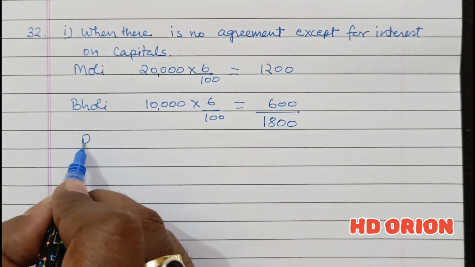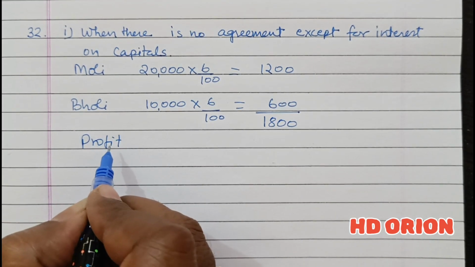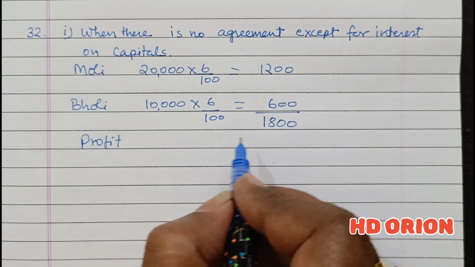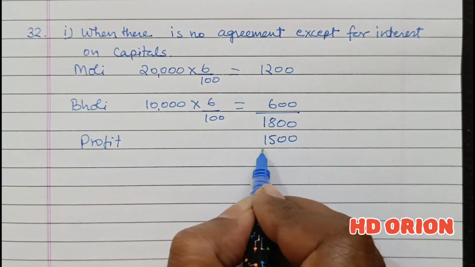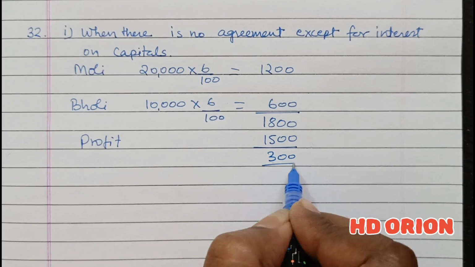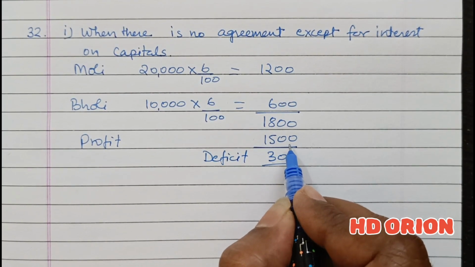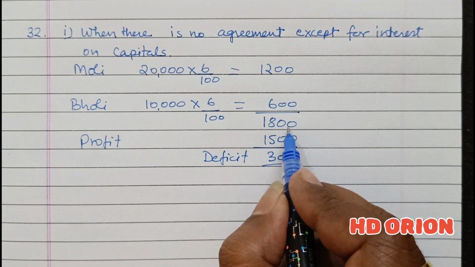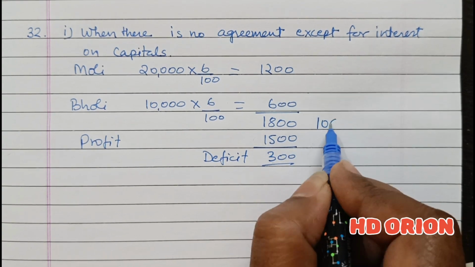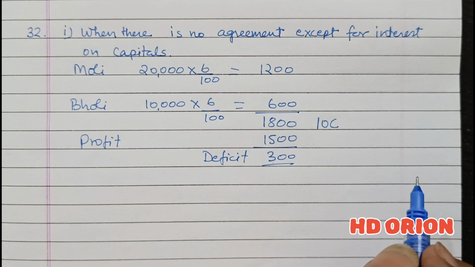Fine, but profit is how much? Profit is rupees 1500. So 300 is the deficit. Means profit is less. Out of this little profit we cannot provide interest on capital. Entire full interest on capital we cannot give.